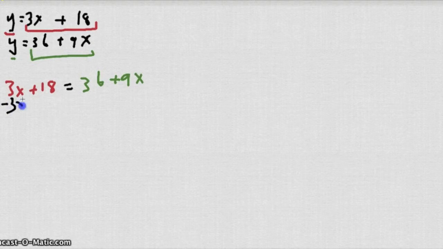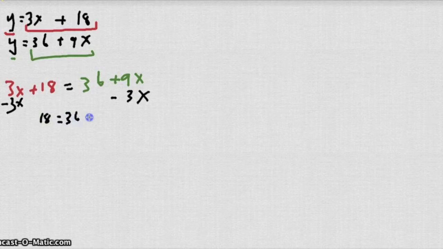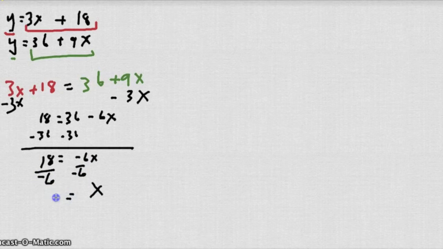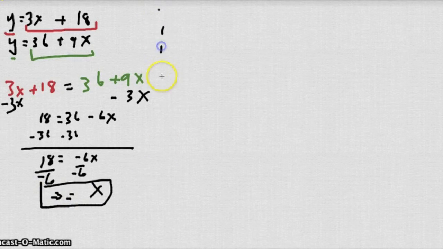We just solve for x, so minus 3x, minus 3x. We get 18 equal to 36 minus 6x. Minus 36, minus 36. We get 18 equal to negative 6x, divided by negative 6, divided by negative 6. We get x is equal to negative 3, right? So if x is equal to negative 3, remember that when we have a system like this, we have to solve for y as well.